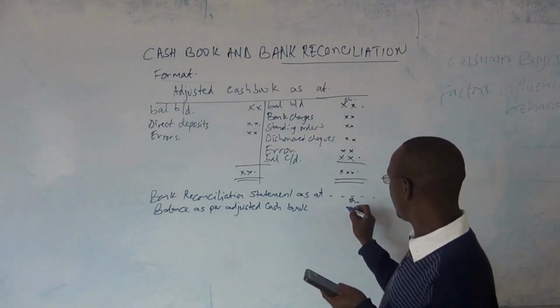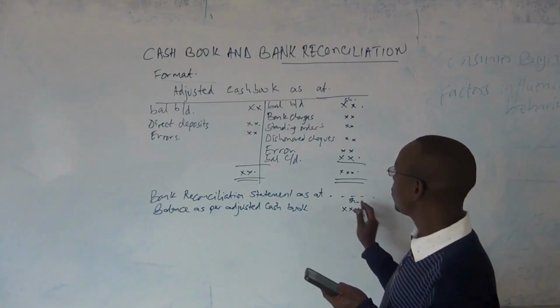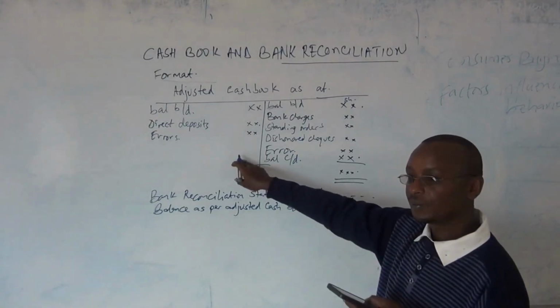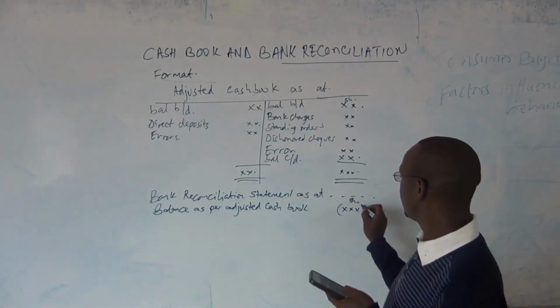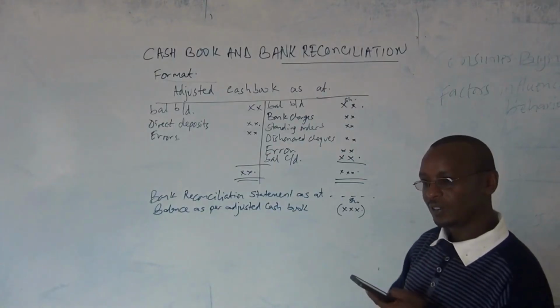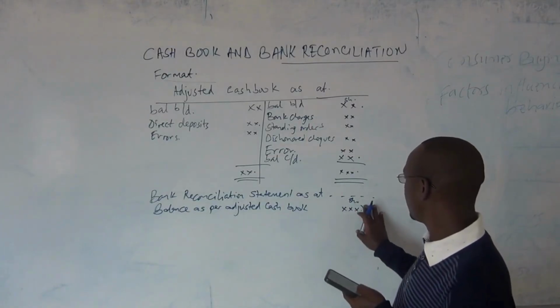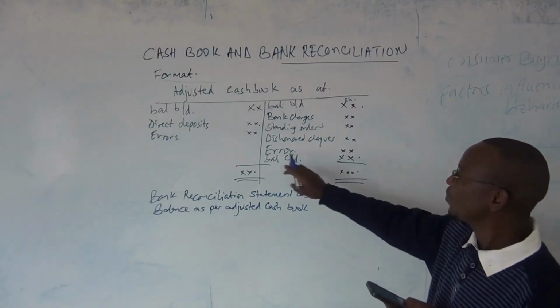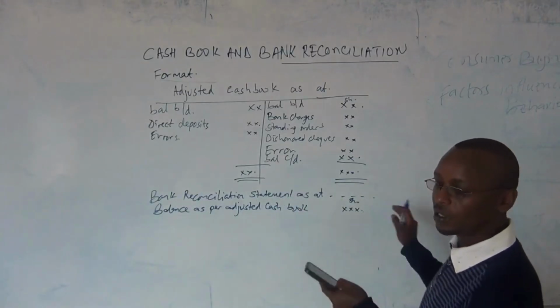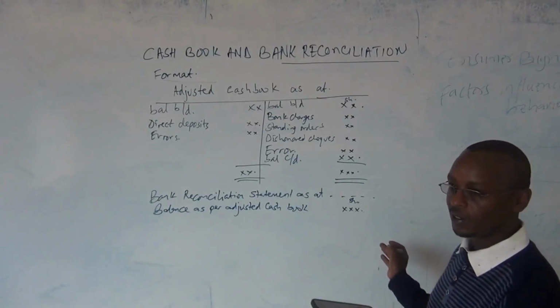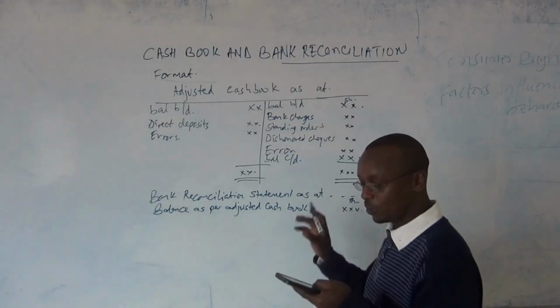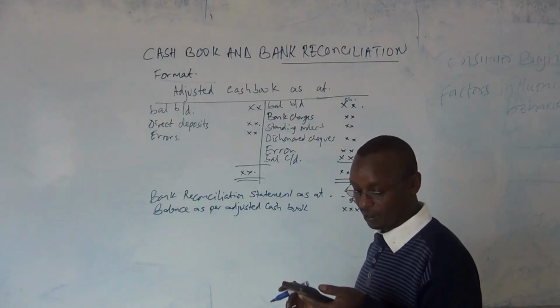You put it. So if it is on this side, inamaanisha hiyo ni overdraft. Isn't it? So when you do your practice question, you will find that some of them will be overdraft. You start with a negative figure. Negative figure in accounts, you put it in brackets.